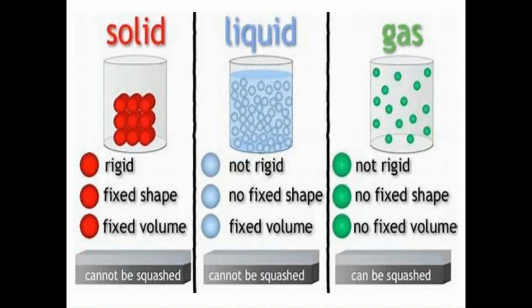So in one moment you'll have one specific volume, and then in another you'll have a different volume. It just depends on how sealed the container is. Regardless, in all these three states of matter, they're all vibrating in place. They're all slightly moving. It's just that solids are compacted, liquids are not as compacted, and gases are able to move freely.